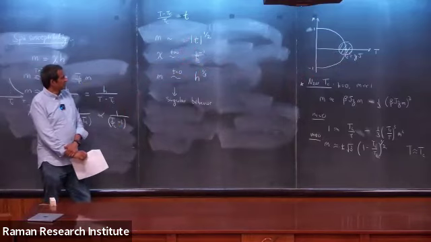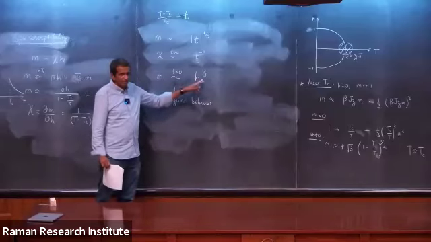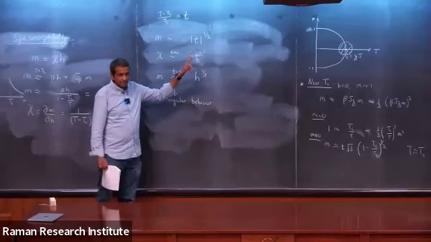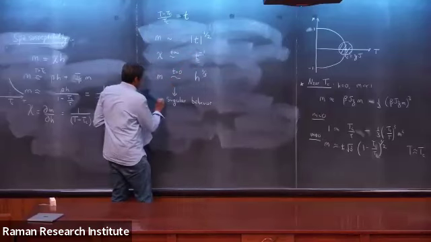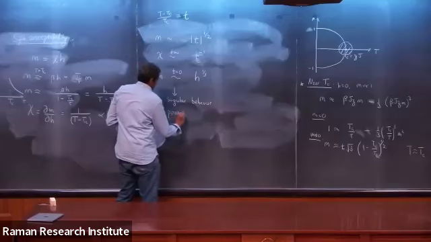It behaves as some kind of power of the field or a power of the temperature. So you see that it's singular and it exhibits what is called power law behavior.